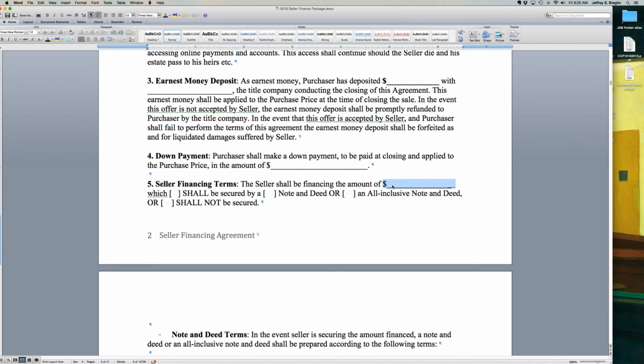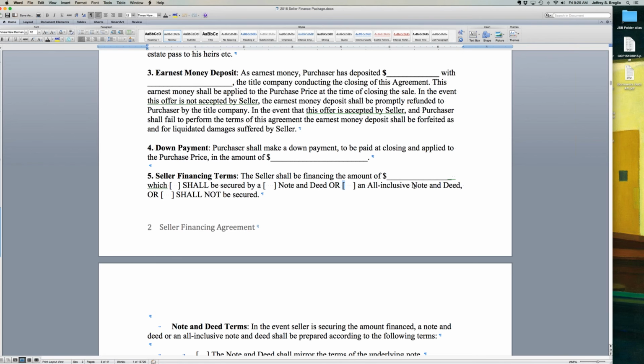And this is the amount that's going to be on the new note. Now remember, if you are using this AITD right here, because there is an underlying mortgage, the new note is going to be pretty much the full purchase price. So let's use our example of a $100,000 purchase price and a $75,000 underlying mortgage. Now the seller's only getting 25 grand. That's the equity in the house. But remember, that all-inclusive note and deed will be for $100,000.